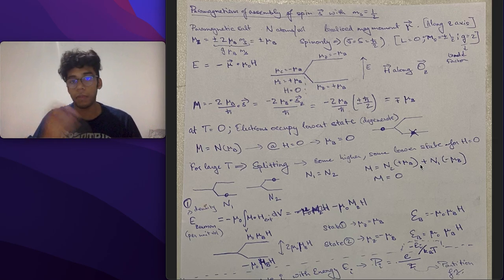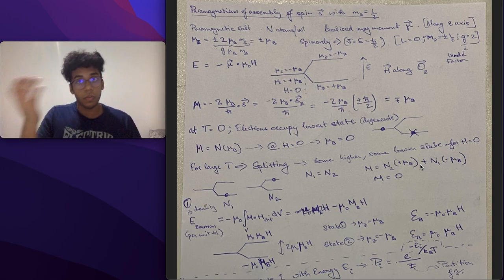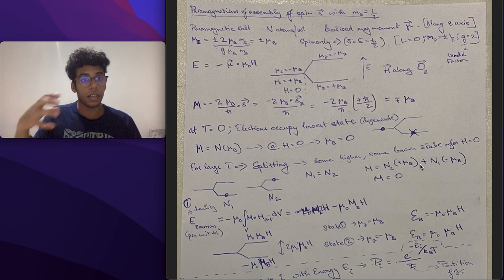Let's start with magnetism. Today we're going to study the story of magnetism, looking at paramagnetism, ferromagnetism, and anti-ferromagnetism.